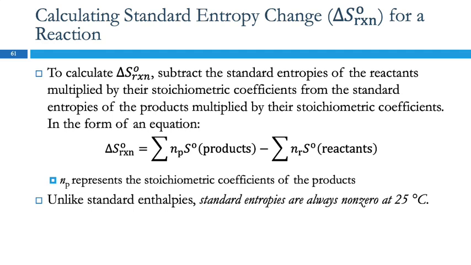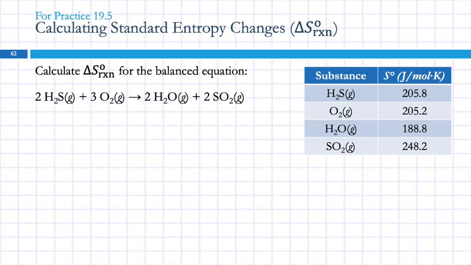So we need to remember that standard entropies are always non-zero at 25 degrees Celsius. For the enthalpies, elements in their standard states were zero. But here, nothing is zero. Okay, so it says calculate the standard entropy change for this reaction.